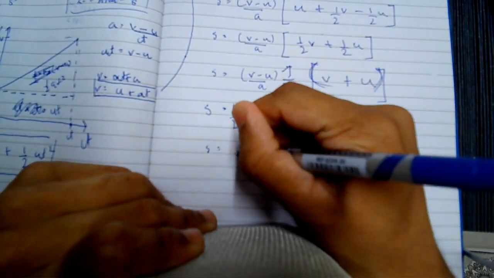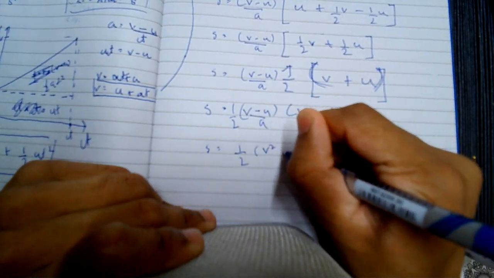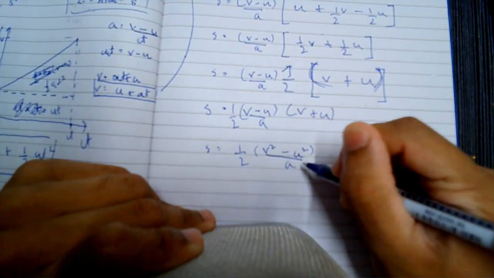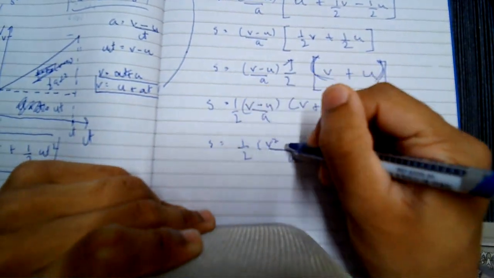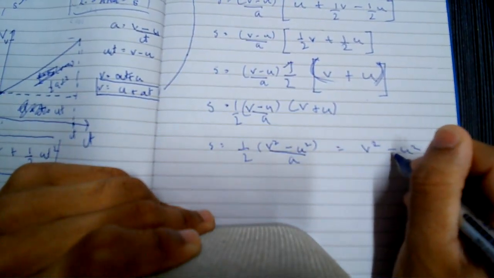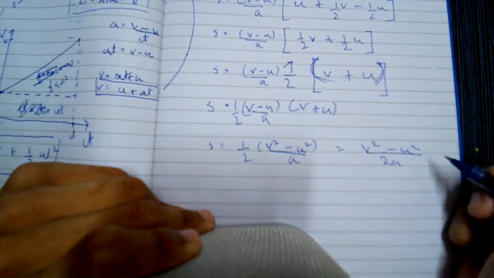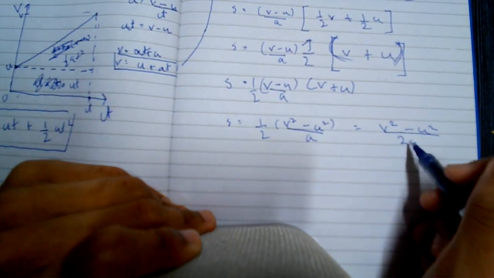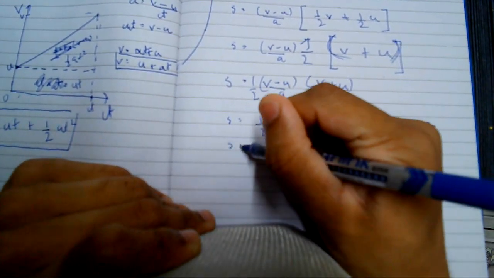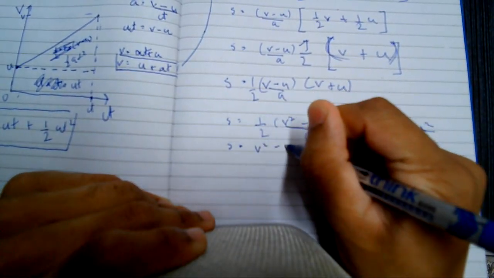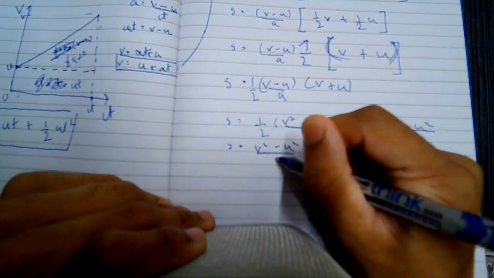So s is equal to half into v squared minus u squared over a, where a still remains. So it's 1 into this, that's the same as v squared minus u squared over 2a is equal to s, correct? So s is equal to v squared minus u squared over 2a.